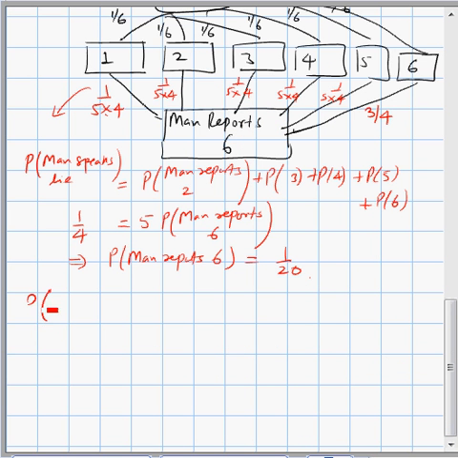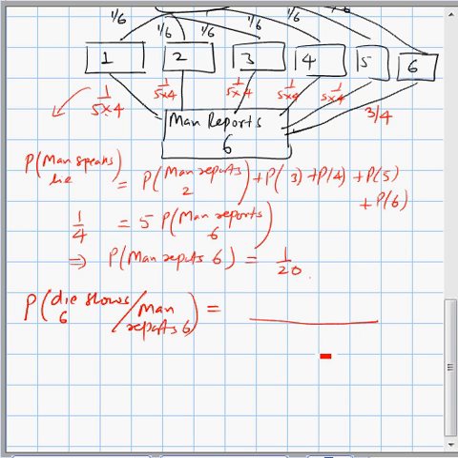So probability die shows 6, given man reports 6, equals probability of this event in the numerator over, in the denominator, the total. So I'm using Bayes theorem.